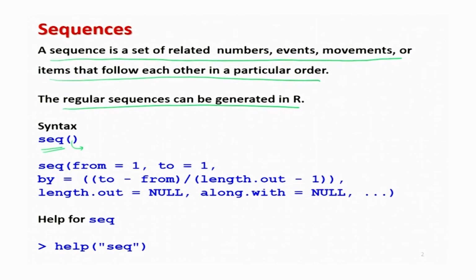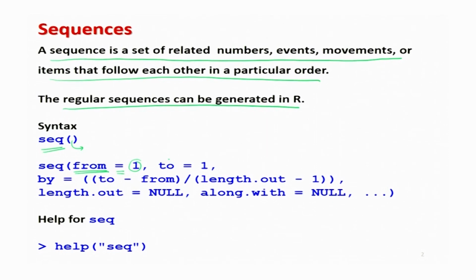Now, if you try to see, one of the basic operations in the sequence will be that you would like to fix the value from which the sequence should start. And in order to control it, we have to give an option inside the parenthesis like this: from, and then from equal to whatever value you want. Here I am writing 1, but you can write anything which is allowed. And then you would like to fix how long the sequence will go, that means what should be the last value of the sequence.